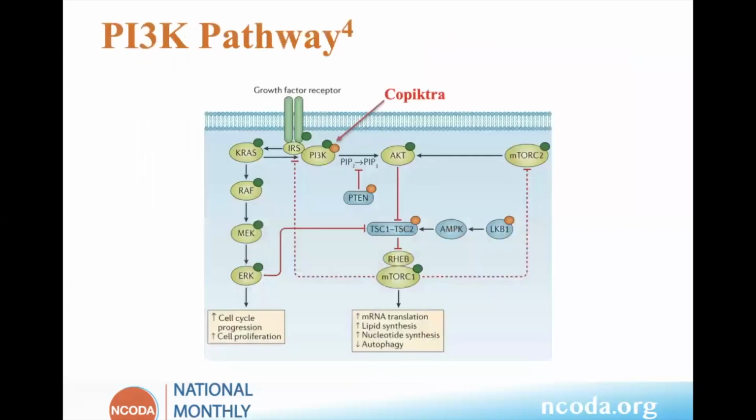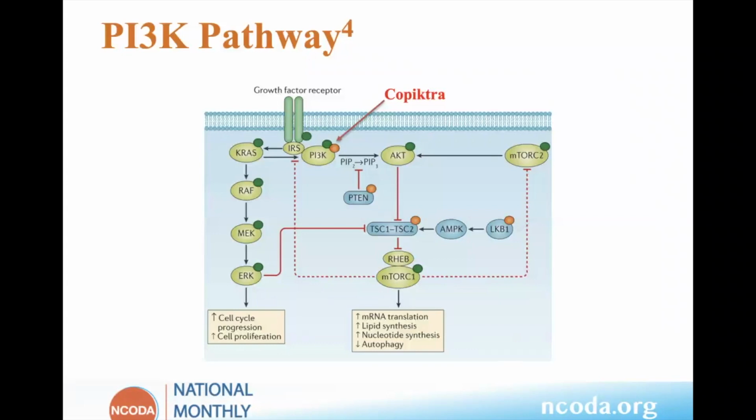Next slide. So how does Copiktra work? Well, it's a PI3 kinase inhibitor, which Andrew touched on earlier, and it works much like the other oral agent, Zydelig. What PI3 kinase does is it's part of the intracellular pathway, which helps to regulate the cell cycle.